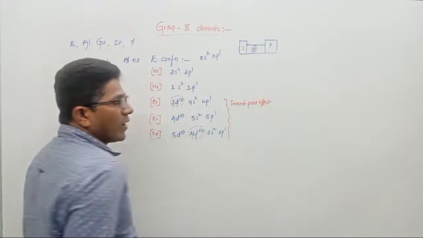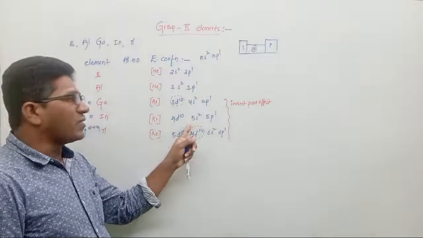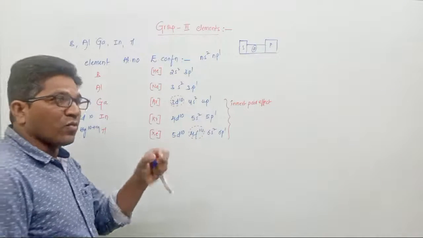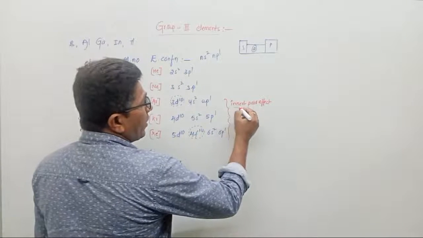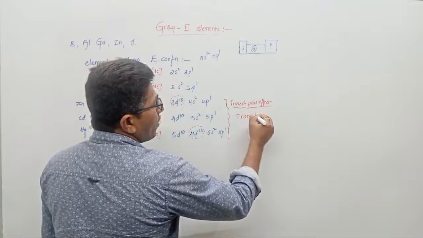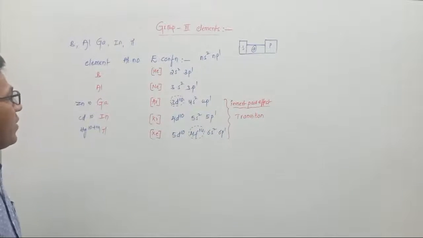What is inert pair effect? Due to electron density in the valence shell, attraction increases. Therefore, size decreases. That effect is known as inert pair effect, also known as transition effect.